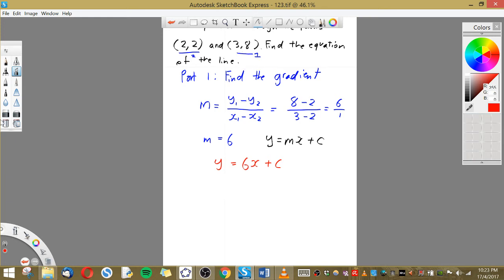So I'm going to substitute this point inside the equation below. Okay, so 3 is the x coordinate, x will be substituted by 3, and y will be substituted by 8. So let's see how this looks like.